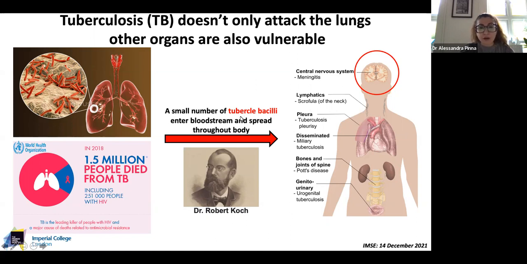But a small number of tuberculous bacilli can enter the bloodstream and spread throughout the body in different organs. So I'm going to concentrate today on some results that are related to the treatment of tuberculosis meningitis. So I'm going to concentrate on the central nervous system TB.